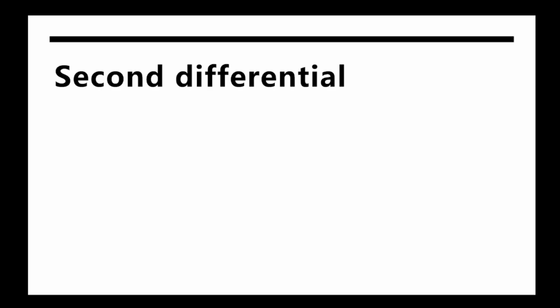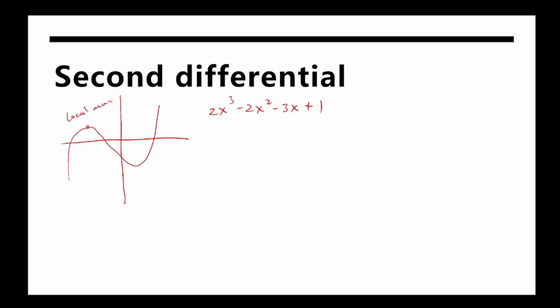Now, second differential. When we're dealing with graphs like this, we could have 2x cubed minus 2x squared minus 3x plus 1. We want to know whether this is the local maximum or the local minimum.